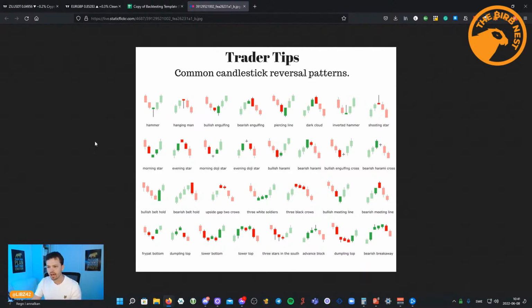All of these candlestick patterns have something in common, right? Here you can see the first line is bearish reversals, and here you have, well, actually they're bullish and bearish.